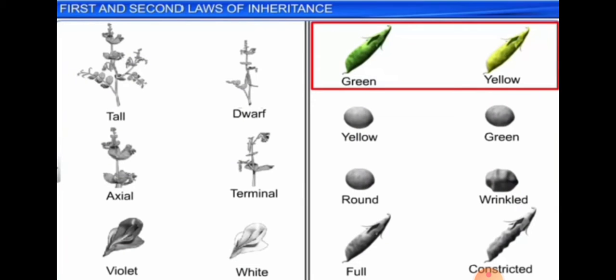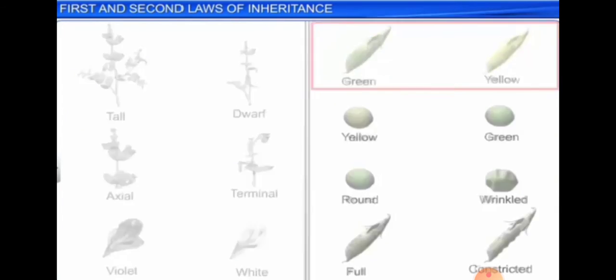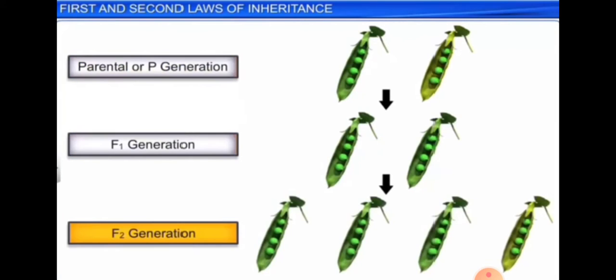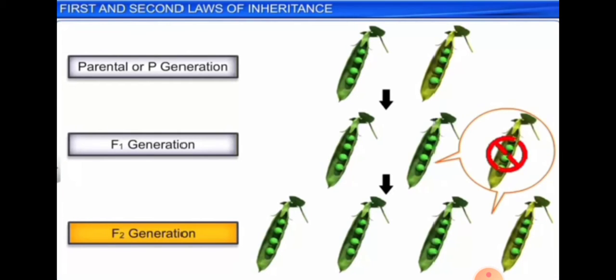Once again, to confirm this observation, Mendel conducted experiments with other traits, and his results were confirmed. He found both the parental traits expressed in the F2 generation in a 3:1 ratio. Moreover, the contrasting traits did not show any blending in either the F1 or F2 stages.